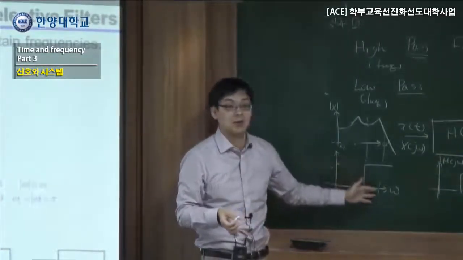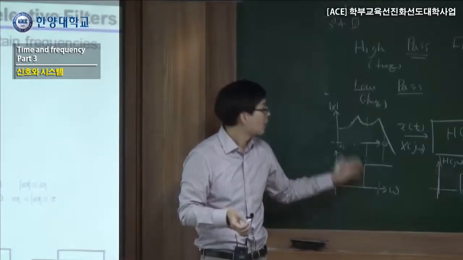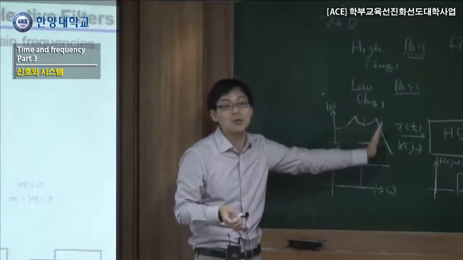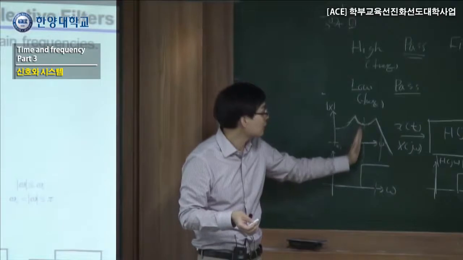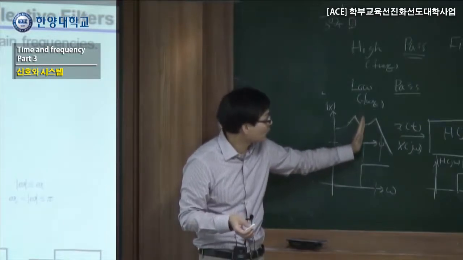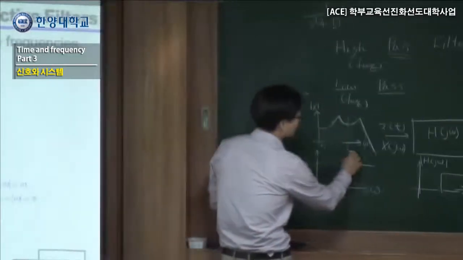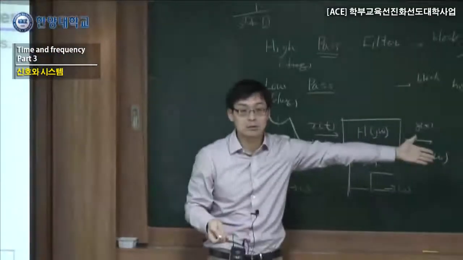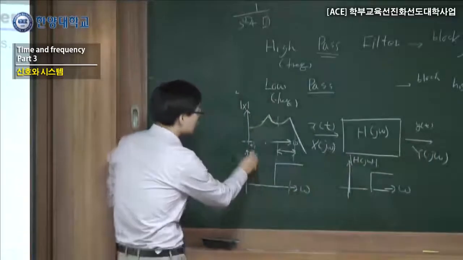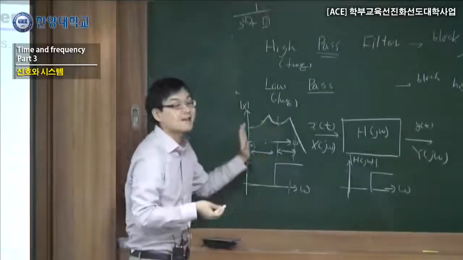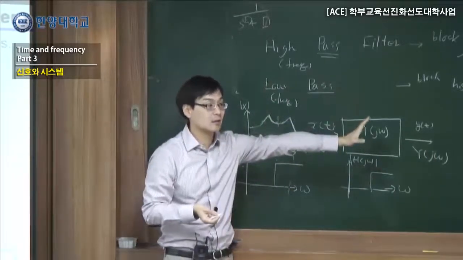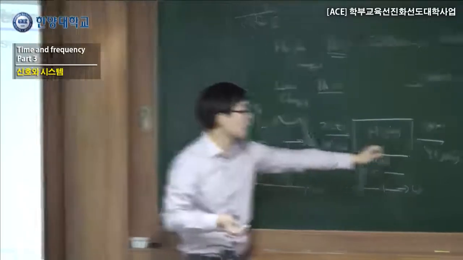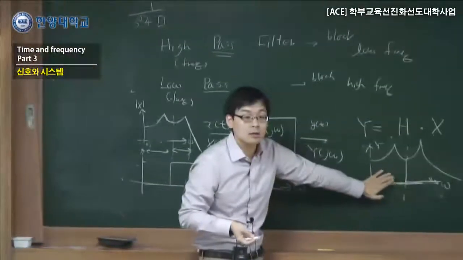When you have a high pass filter over here, that means among these many frequency components, they do not pass from this component to this component. So from here to here, they pass through the system. From here to here, they cannot pass the system, right? That's what you can see from here.